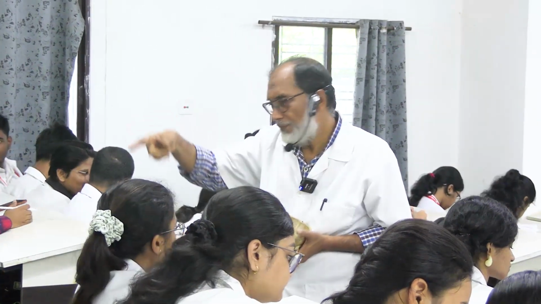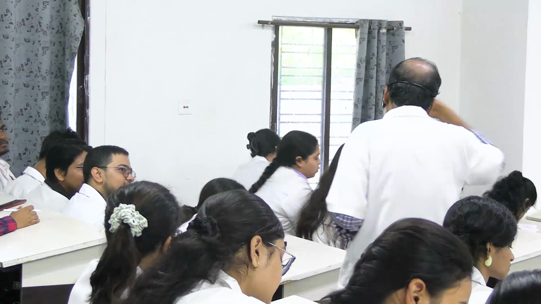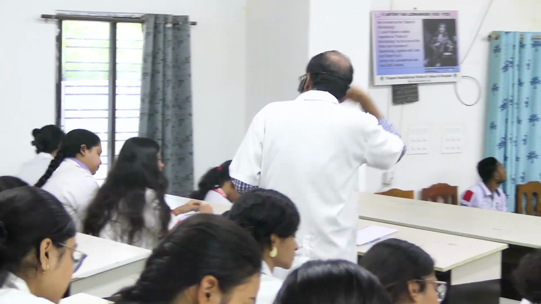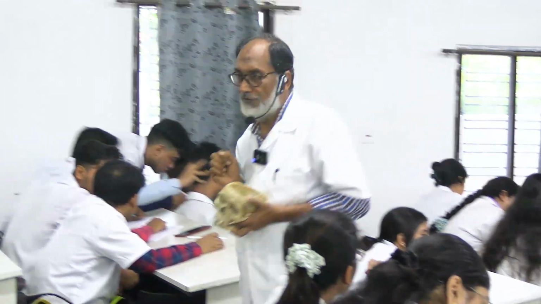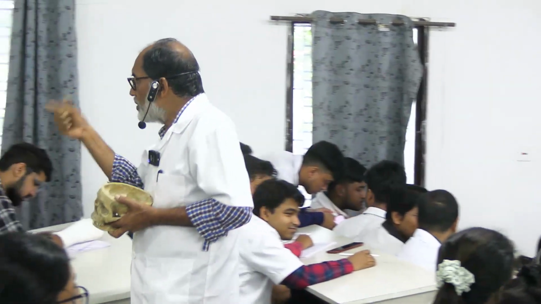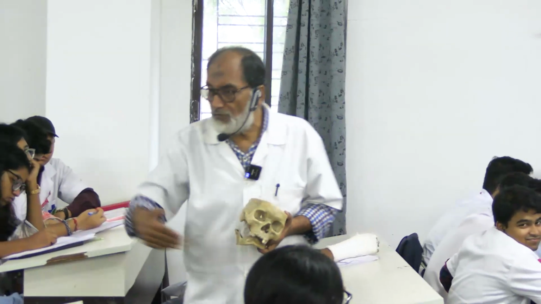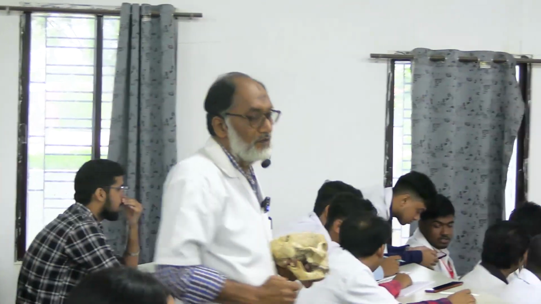This supraorbital and supratrochlear vein will unite at the medial angle of the eye, called the medial canthus, and form the angular vein. This angular vein will continue as the facial vein.